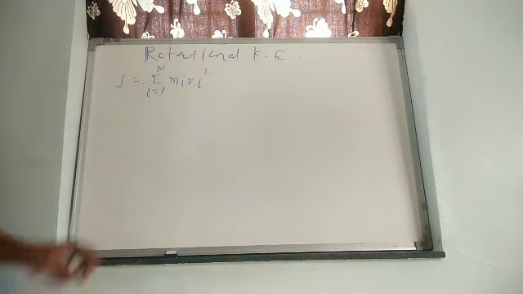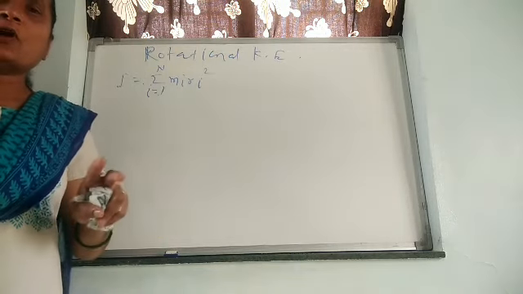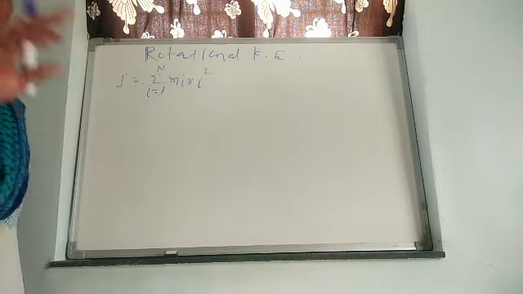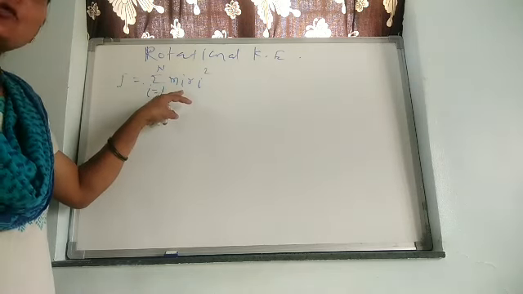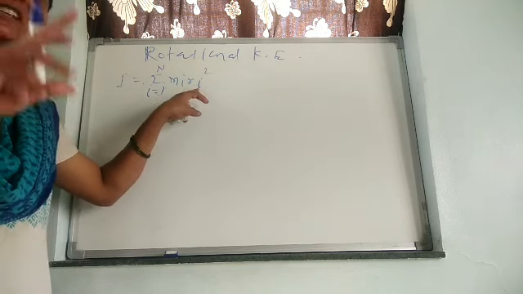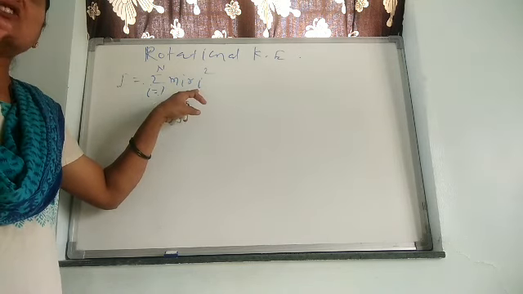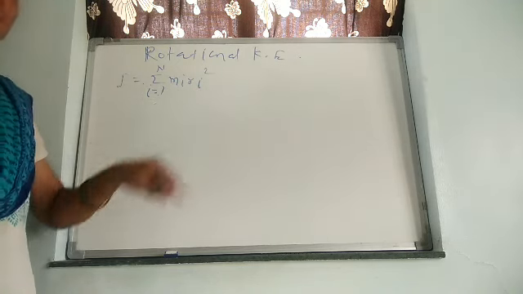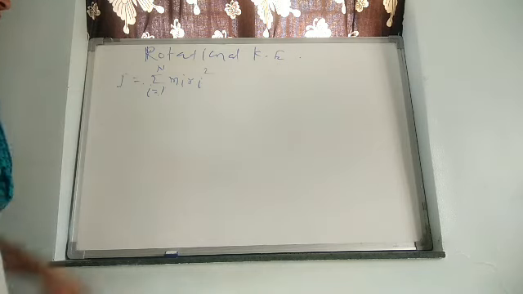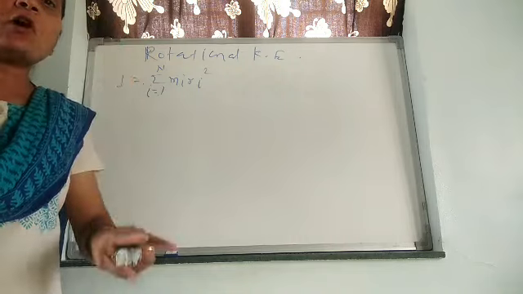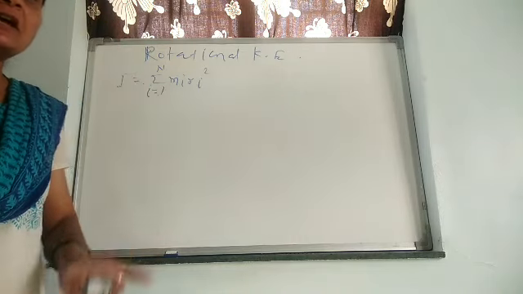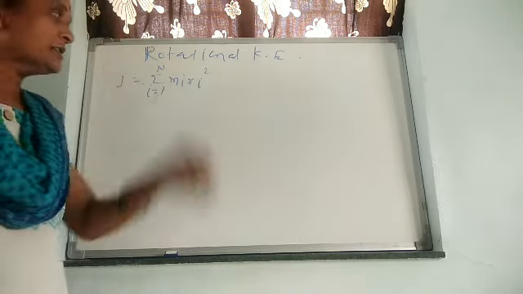What is its definition? The moment of inertia of a body about an axis of rotation is defined as the sum of the product of the mass of each particle and the square of its perpendicular distance from the axis of rotation. That is mi ri square.